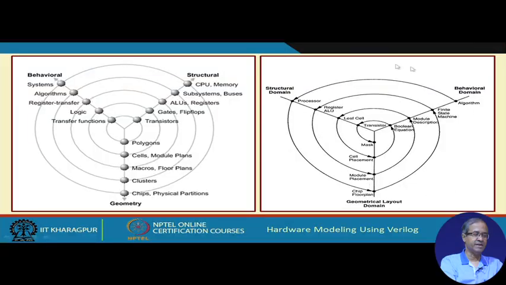So, we really do not work exactly in that way. Rather, we work in an alternate way, which is shown in the diagram on the right. Here I am showing the behavior axis here, structural here and geometric, or the physical, here.